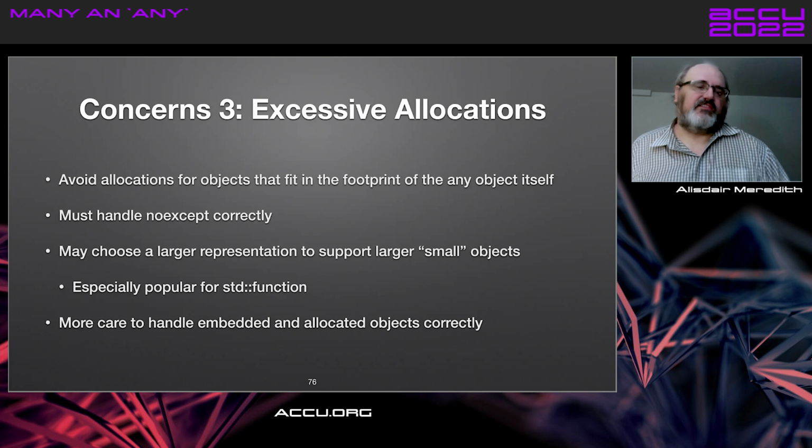One of the interesting optimization choices that comes up at this point is I might choose deliberately to make my any footprint larger in order to store more small objects. There are some implementations, standard string, for example, that rely on the short buffer optimization that says I can store my string, if it's a super short string, in the same representation that would otherwise store all the bookkeeping for the dynamically allocated memory.